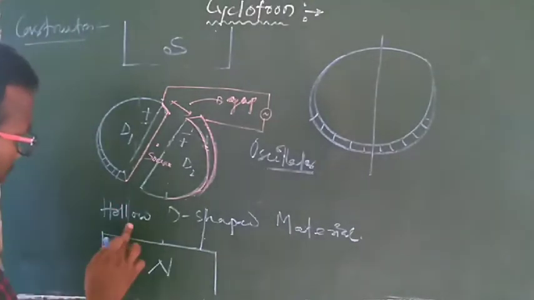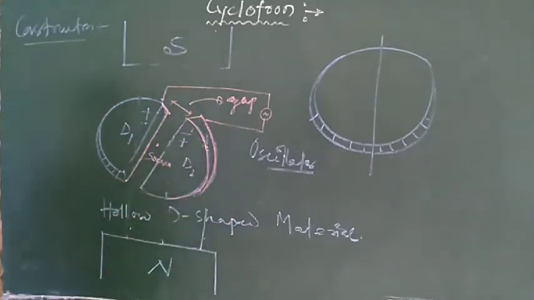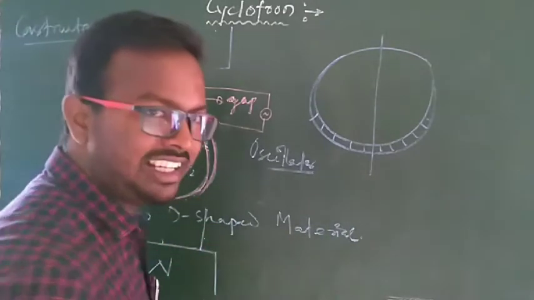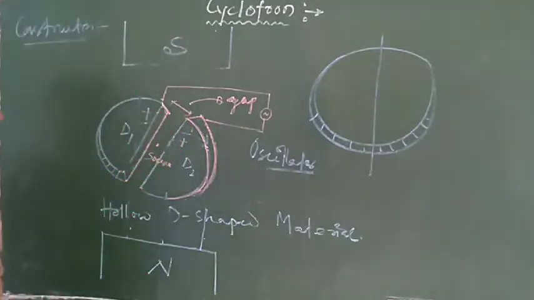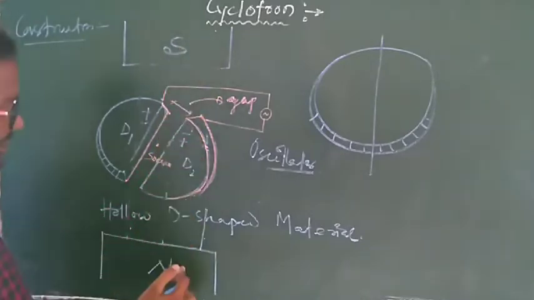And the magnetic field always starts from the north pole to the south pole in this direction. These two D's are hollow D-shaped highly conducting material, and this is the direction of the magnetic field, which is upward because this is the south pole and here is the north pole.